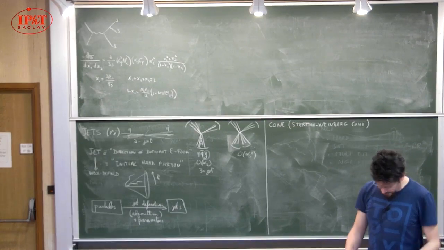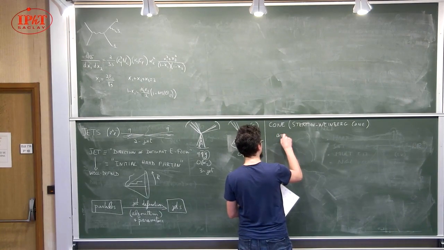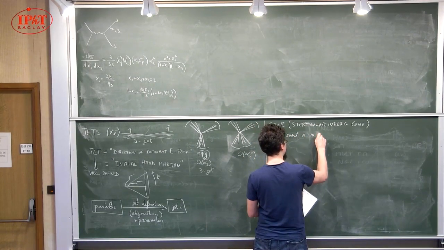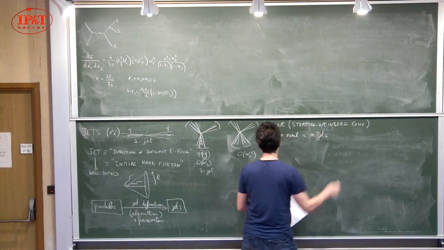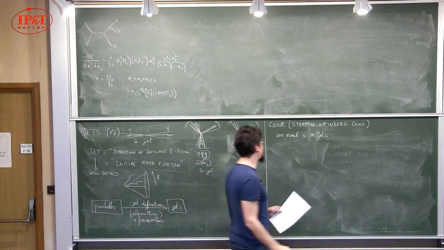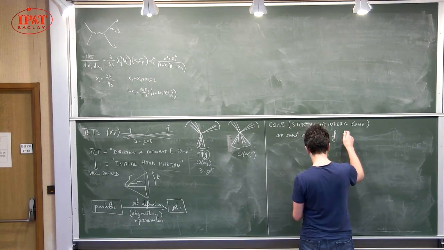So to do this, what you will do is define an event as n jets. Again, the idea here being to say if I have an event, I want to count how many jets I have.